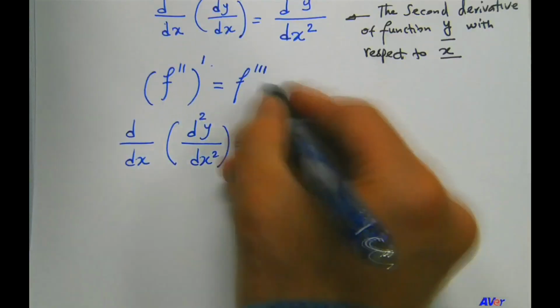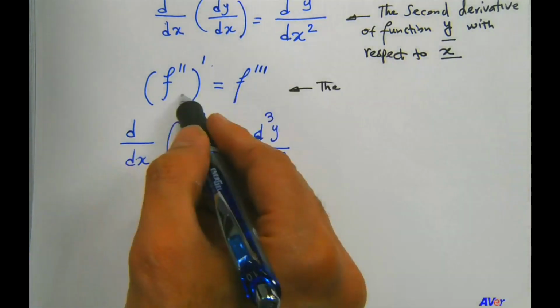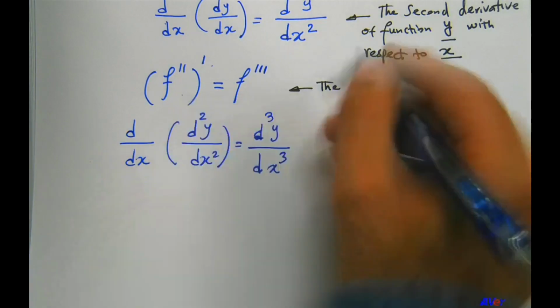Okay, what is that then? That's the third derivative. It doesn't say with respect to which variable, but it's the third.